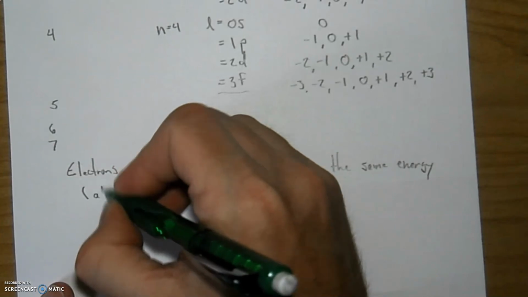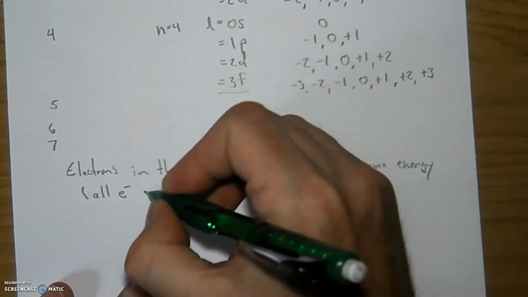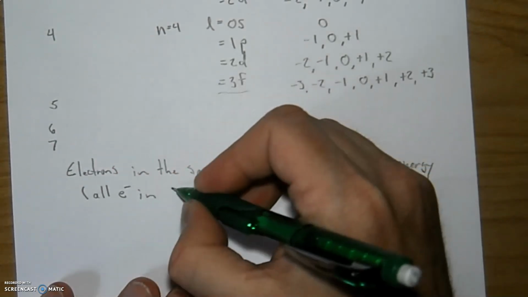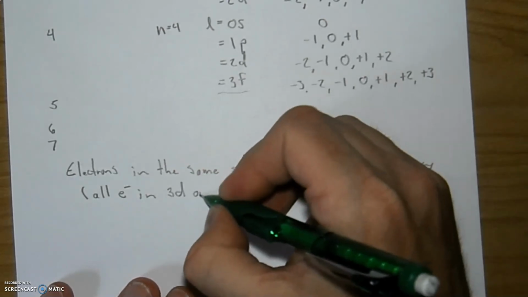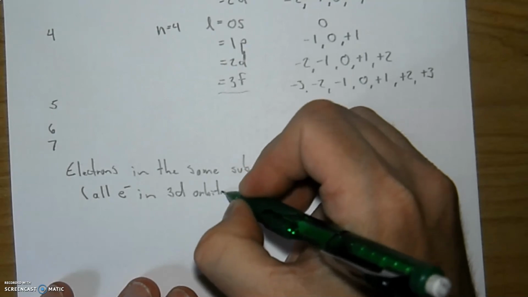So for example, all electrons in the 3D orbitals.